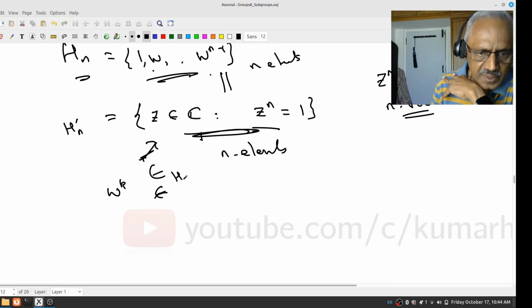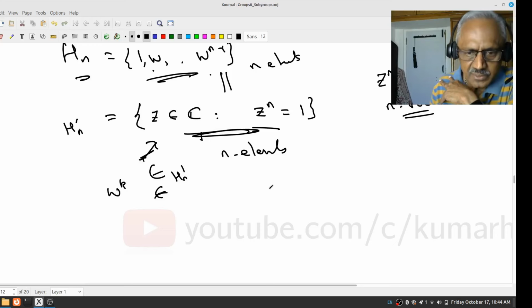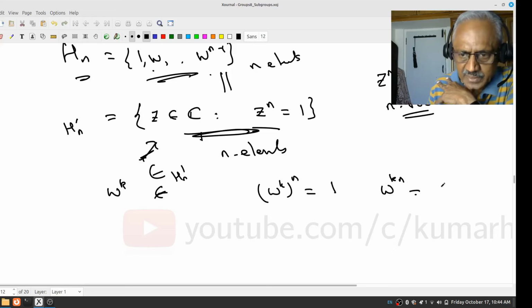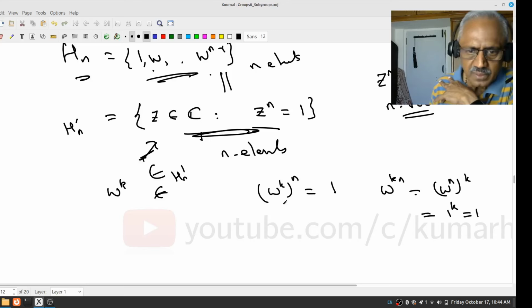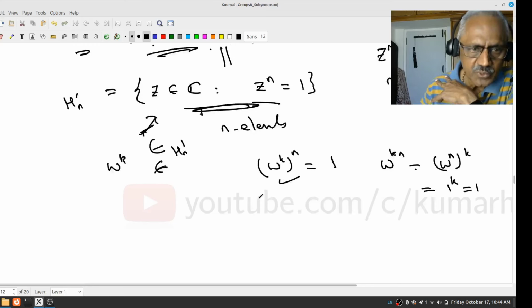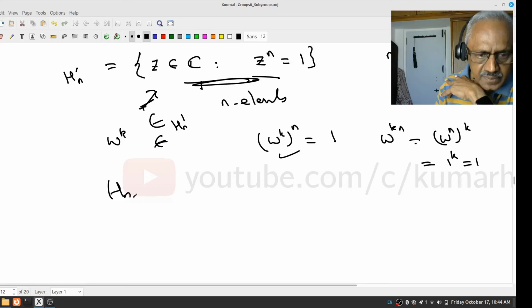For a complex number to belong to Hn dash, what do I have to check? Its power n should be equal to 1. But that is clear because it is omega power kn, which is the same as omega power n times k. That is 1 power k, which is 1. Therefore, I have shown Hn is contained in Hn dash.